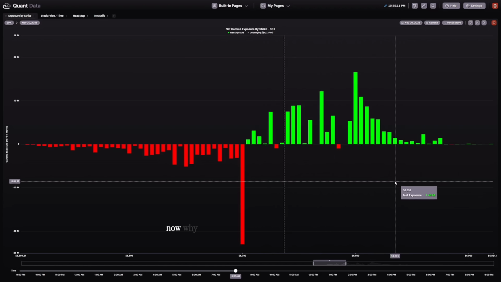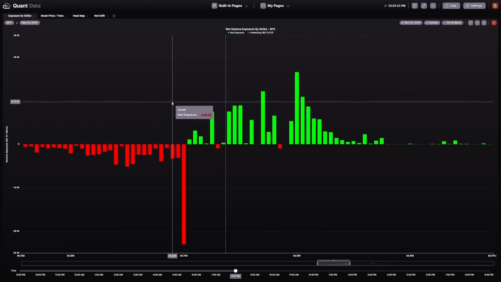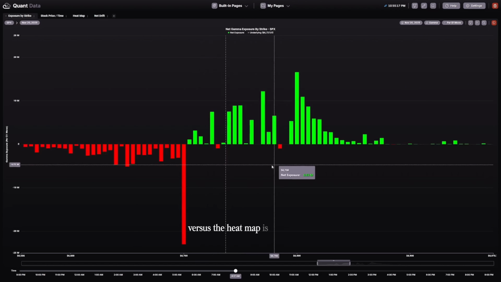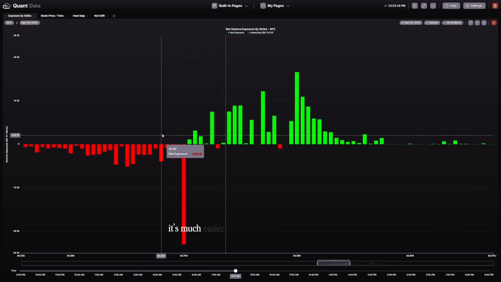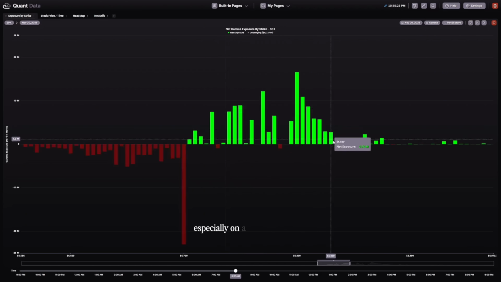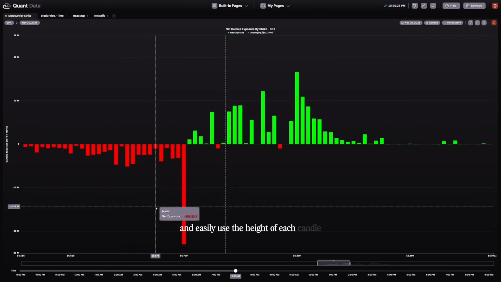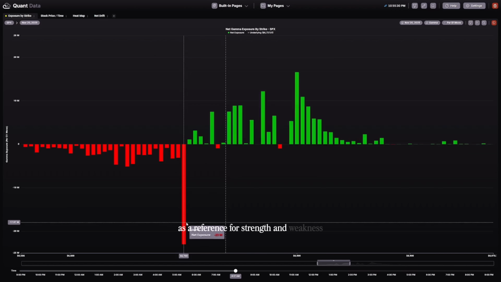Now, why I prefer this view of exposure by strike versus the heat map is a few things. First of all, it's much easier to visualize, especially on a short time frame, being that we can filter and easily use the height of each candle as a reference for strength and weakness.